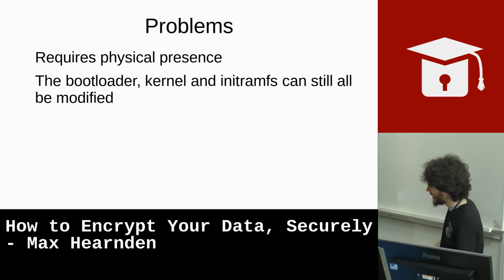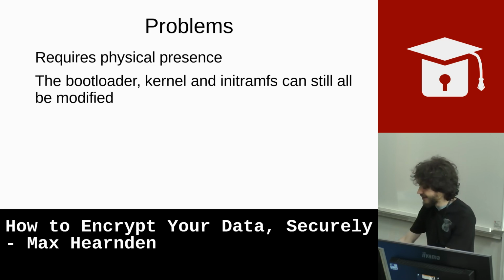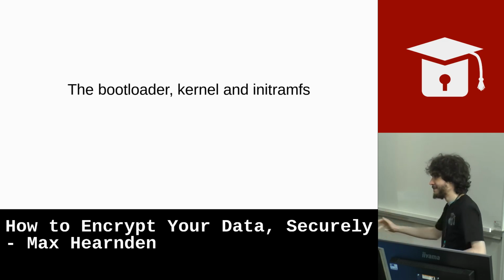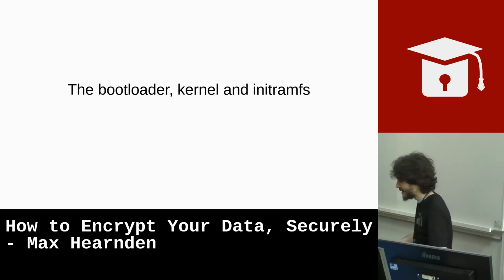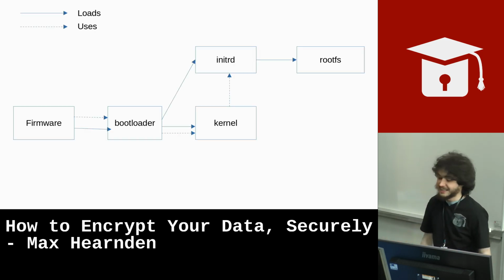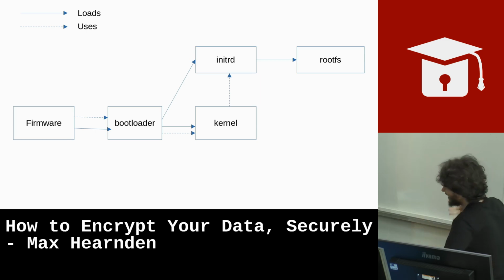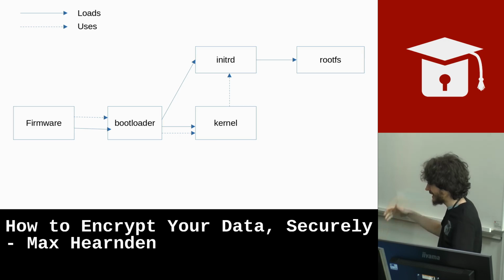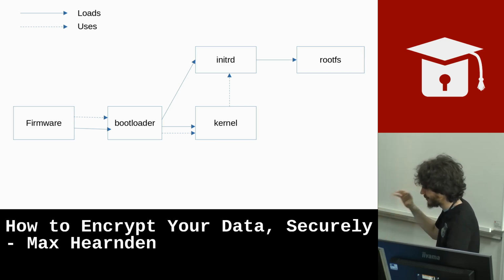Now, what are the bootloader, kernel, and initial RAM FS? I promise I'll get back to the password thing later. So to explain it, I've made a nice and easy to understand diagram where the firmware loads the bootloader, and the bootloader loads both the kernel and initial RAM disk.